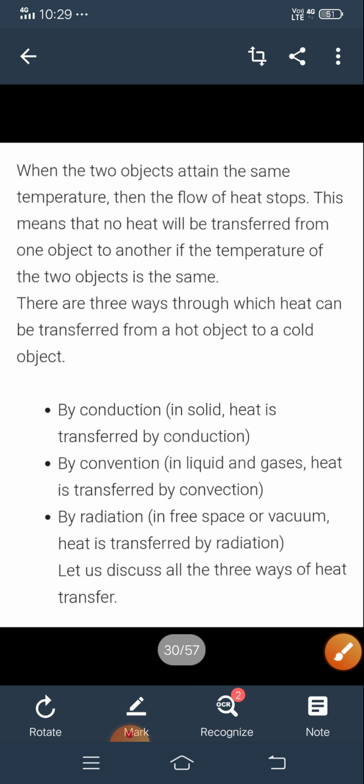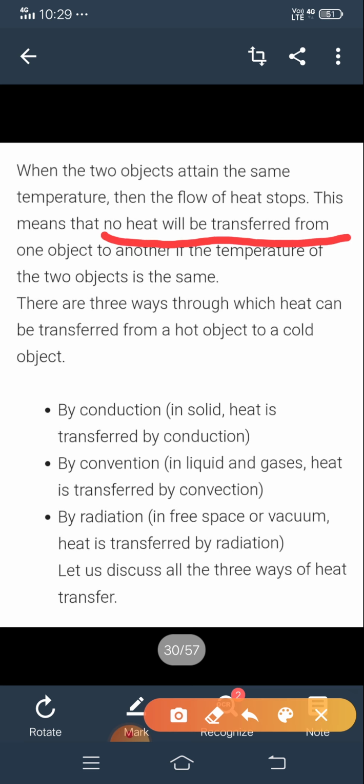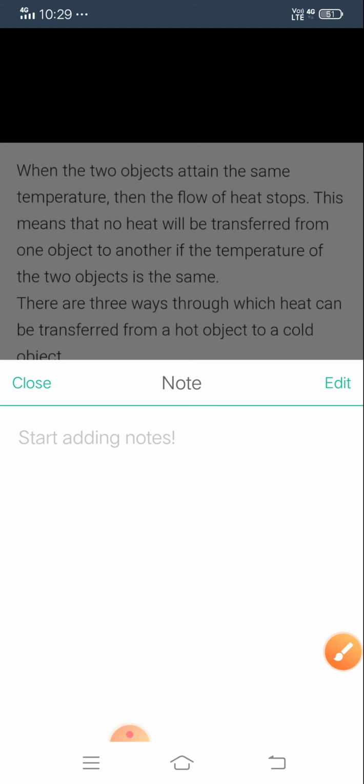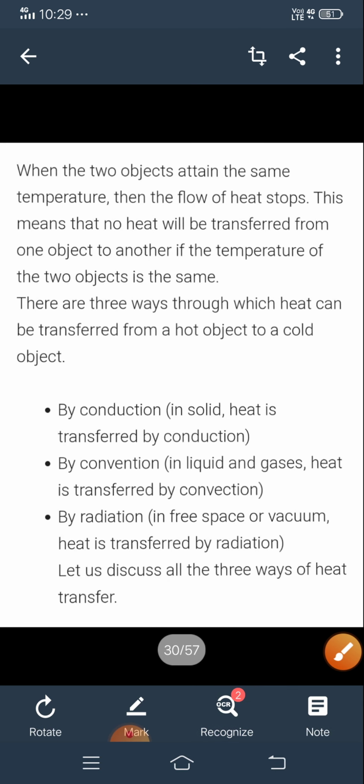This means no heat will be transferred from one object to another if the temperature of the two objects is the same. If the temperature of two objects is the same, the flow of heat stops.